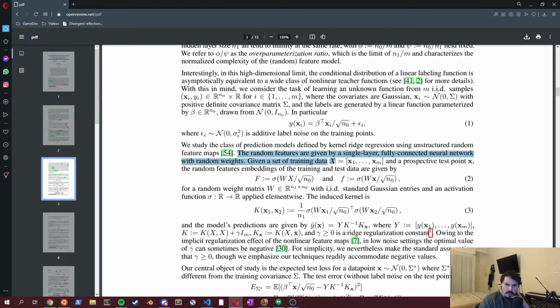Given a set of training data, x, which is this vector, and a prospective test point, the other kind of x, the random feature embeddings of the training and test data are given by F, which is this function sigma acting on W times X, again normalized, and little f, which is W times that specific x.